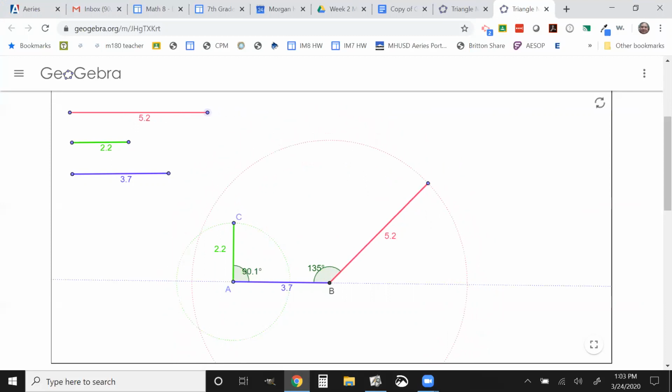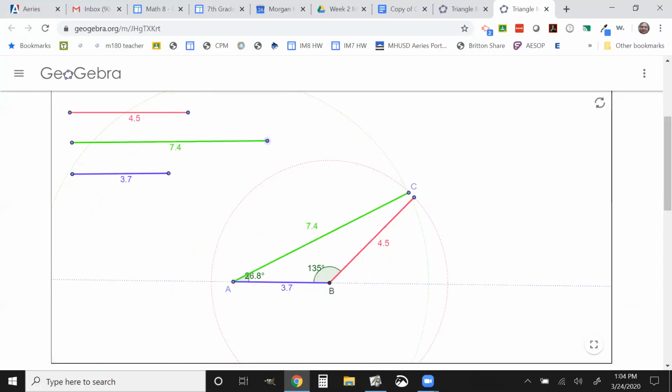Okay, wait, going back down to what they asked for. I forget quickly, 4.5, okay. And then this one, I'm going to go ahead and make it meet this triangle.